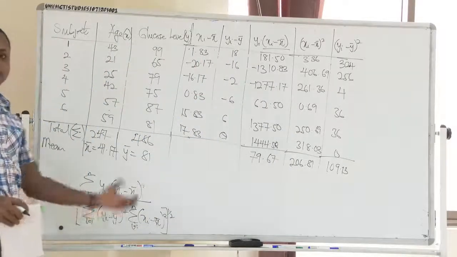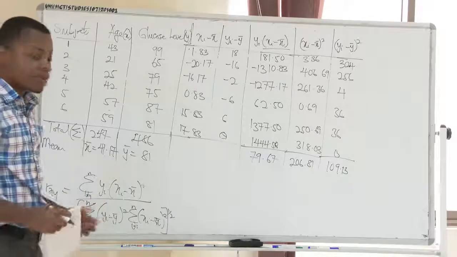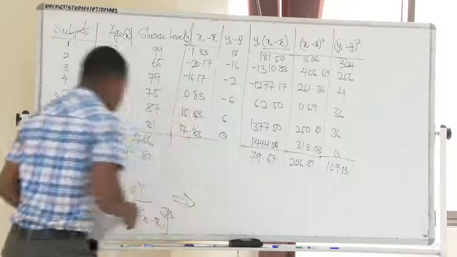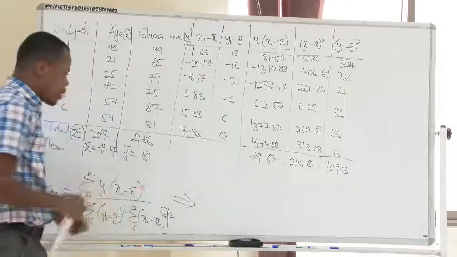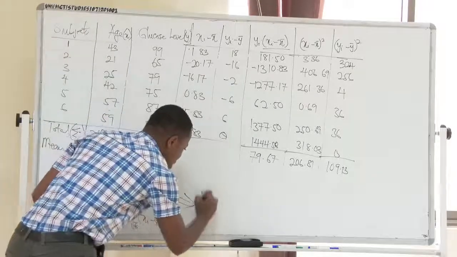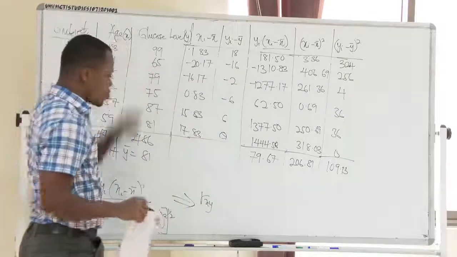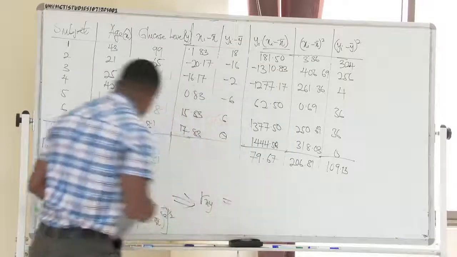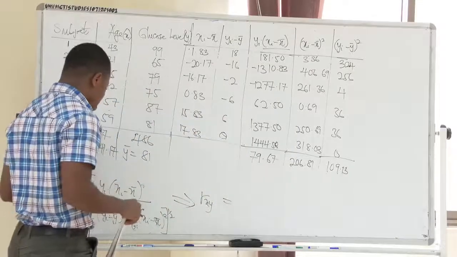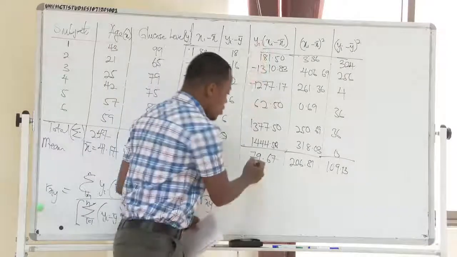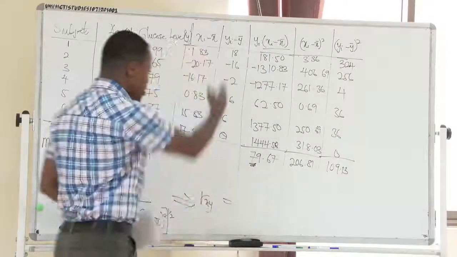Okay? So for now, we have all the parameters that we need. All that we have to do is just add these into the formula, and we are done. Substituting everything into the formula, our r, that is our correlation between the age and the glucose level, will be equal to the summation of all these parts, which we calculated here.